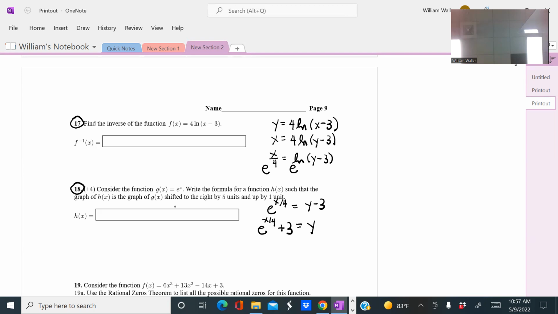So how do we shift to the right and how do we shift up? What was the trick for shifting to the right or to the left? To the right is minus, right, of what though?